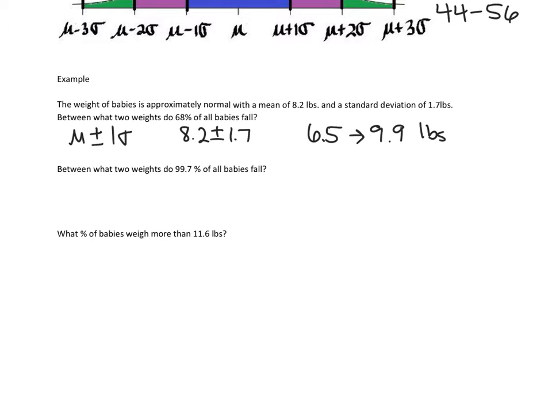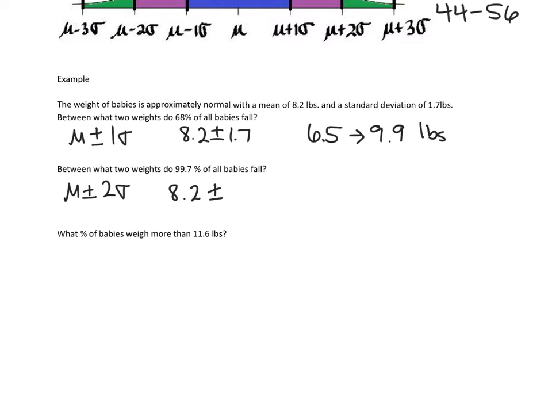Okay? Between what 2 weights do 99.7% of all babies fall? So that's the mean plus or minus 2 standard deviations. So that's 8.2 plus or minus, and then 1.7 times 2 is 3.4. Sorry, 99.7 is 3 standard deviations.